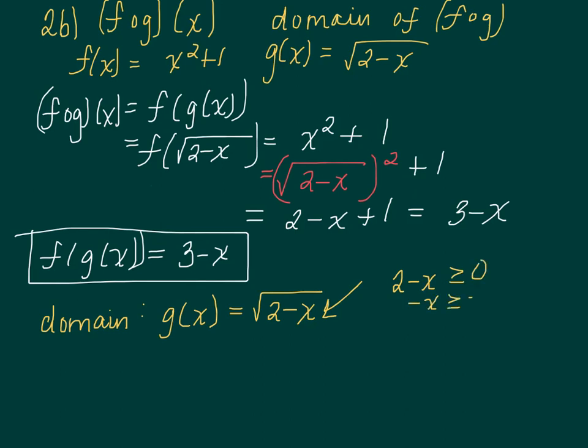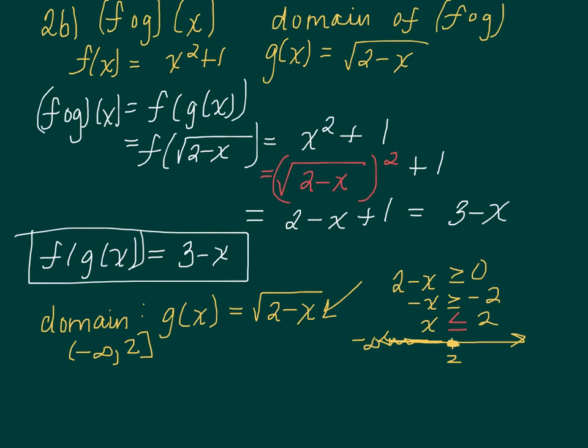I'm going to subtract 2. I have to divide by a negative, so this inequality has to flip. So this means we got to use all the numbers smaller than or equal to 2, including 2 only. So only this side. So this domain would be negative infinity to 2 with a bracket because it's included.